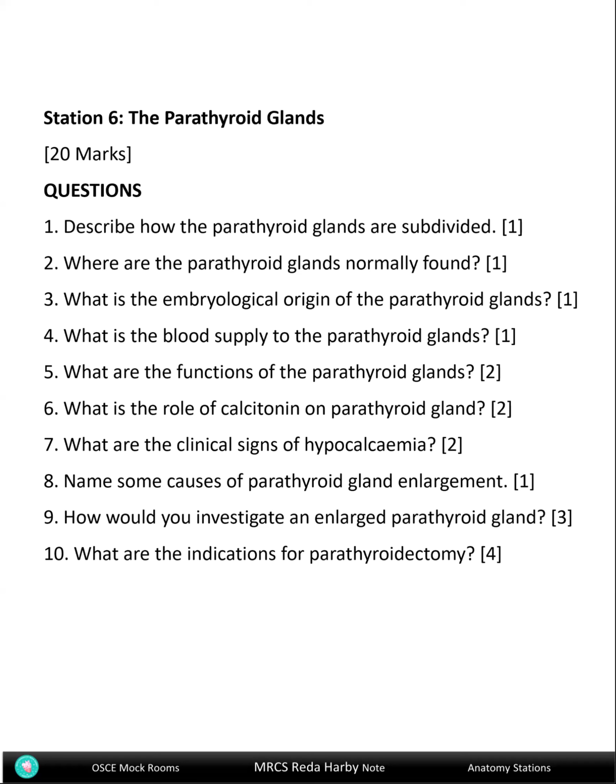The superior parathyroid gland originated from the 4th branchial arch, and the inferior parathyroid gland originated from the third branchial arch with the thymus.